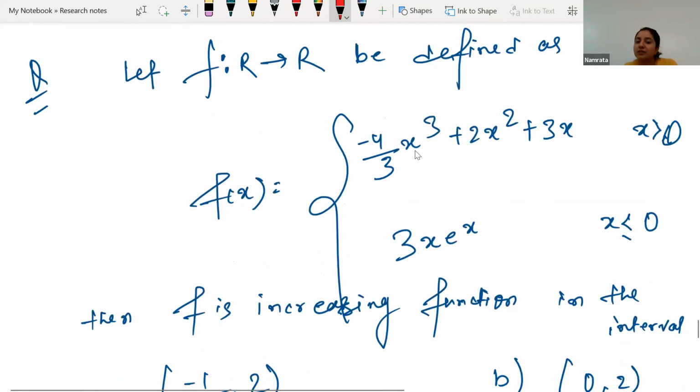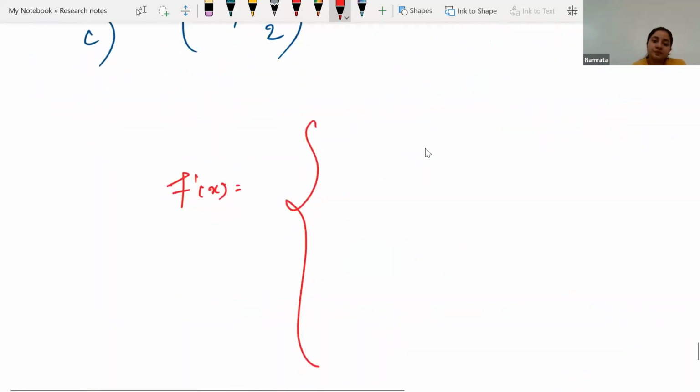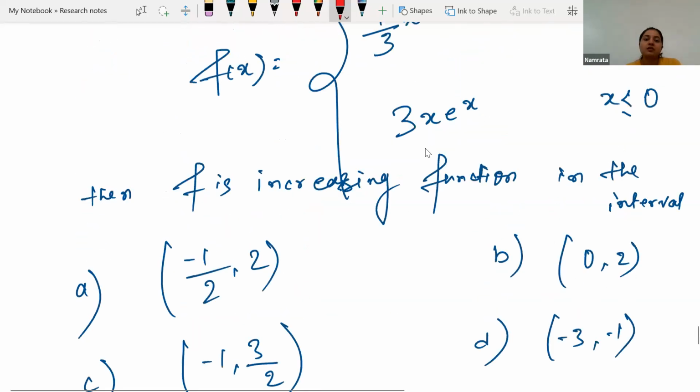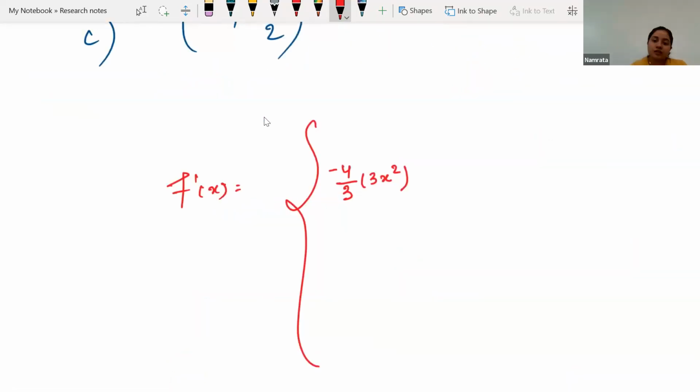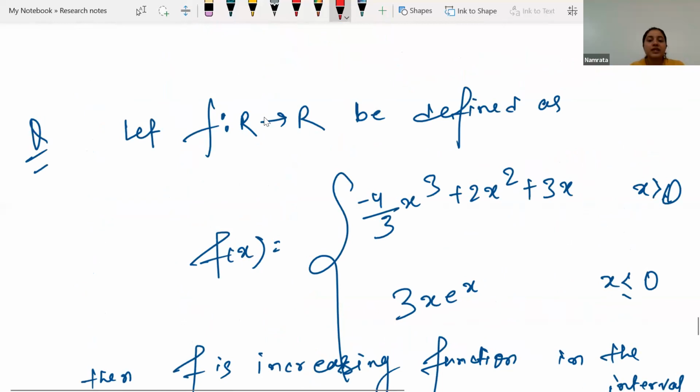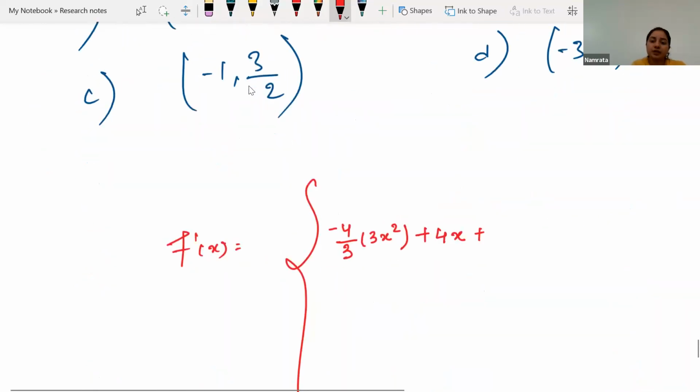So minus 4 by 3 x cube is there. Derivative of x cube will be 3x square, so minus 4 by 3 into 3x square. Plus 2x square is there, that means plus 4x we will be having. Plus, what was there? 3x is there, so only 3 will be remaining.